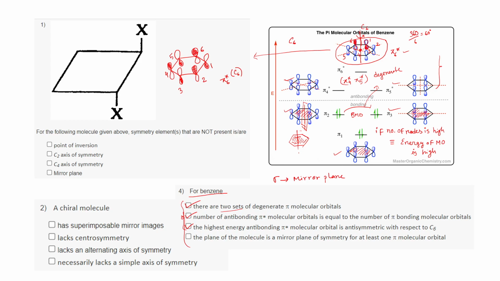Then the positive lobe will come down and the negative will come up, but it won't be symmetric to the pi 2 that already existed, right? You mean the up will go to down, down will go to up? Yeah, then it will not be symmetric to the pi 2. No, it's only a mirror reflection, no? Yeah, so I am talking about the molecular plane.